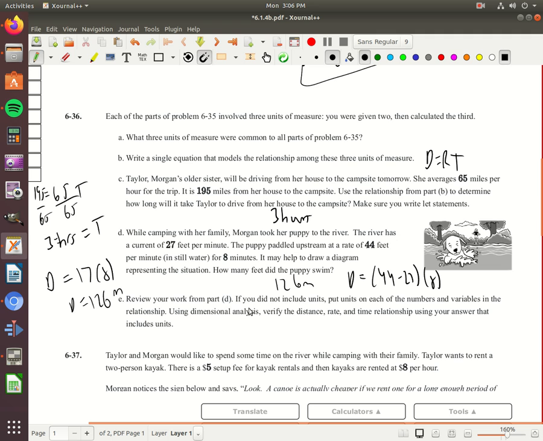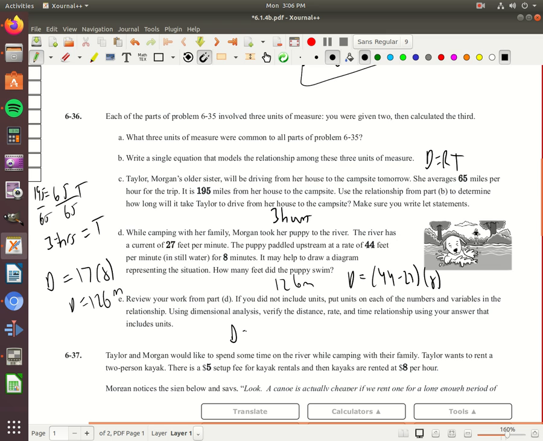It says review your work from Part D. If you did not include units, put units on each of the numbers in the variables in the relationship using dimensional analysis. Verify the distance, rate, and time. Okay, so what they're saying is that we need to go here. I really don't want to.